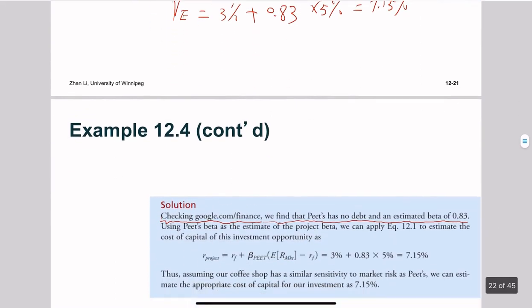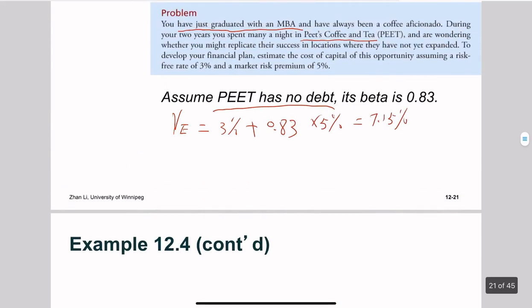Well, because this firm now is a private firm, if I am correct. But anyway, I know this firm is not listed, so it is not a public firm anymore. Maybe it has been acquired, or maybe it has become a private firm. I'm not sure what happened, but you cannot find Peet's Coffee and Tea in Google Finance.